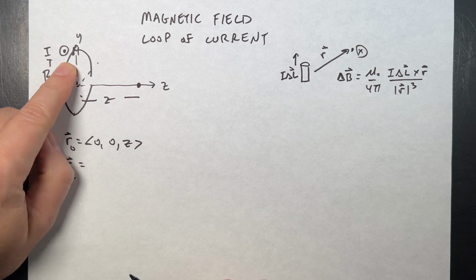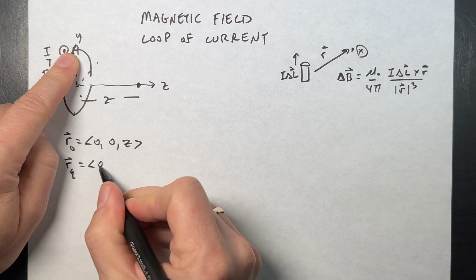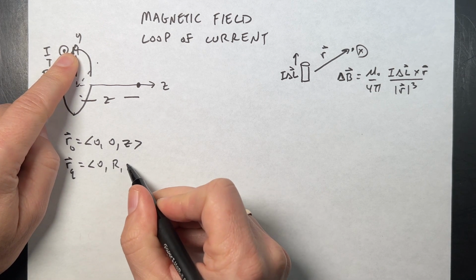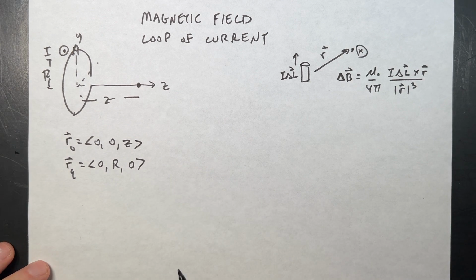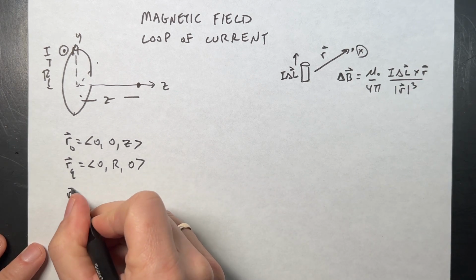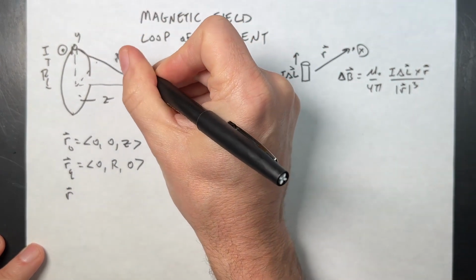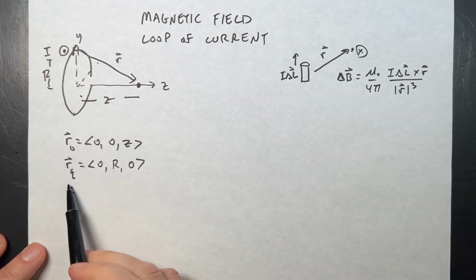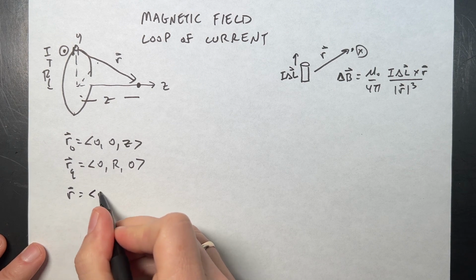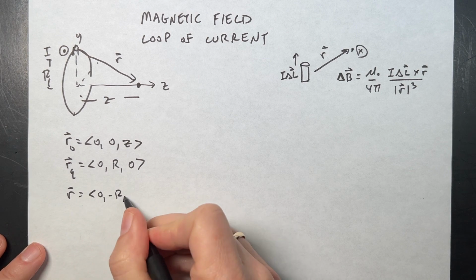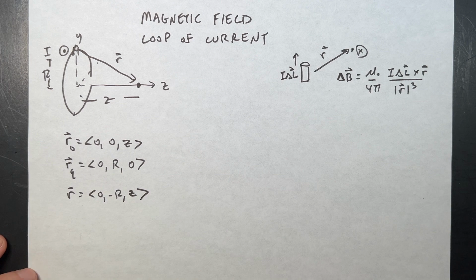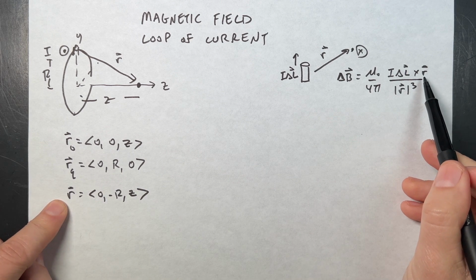So that's going to be 0 in the X direction, R in the Y direction, 0 in the Z direction. And I need that so I can find R, the vector from here to there. R is going to be RO minus RQ, so that's going to be equal to 0, minus R, Z. Got it. Okay, so that R is this R.